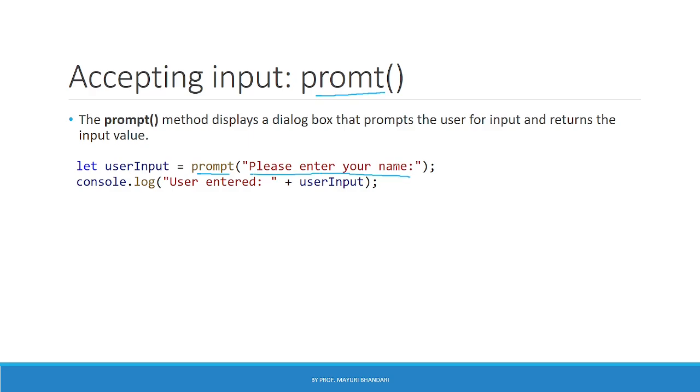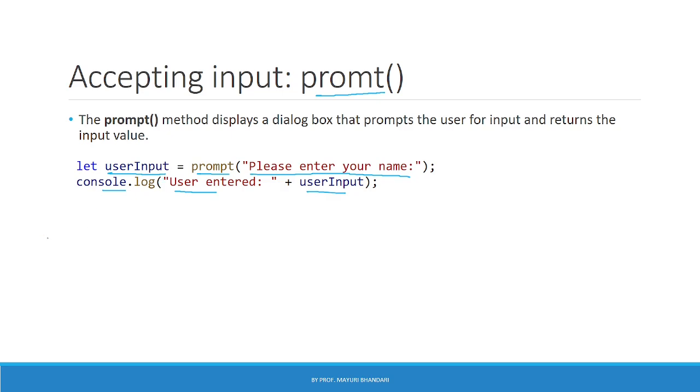This message will be displayed on the dialog box along with one text field in which the user can type the input. Whatever the user types, we are storing here in userInput. So this prompt will return that input and it will get stored in this variable. Whatever input the user enters, we are displaying that input in the console. So in this way we can accept input from the user.